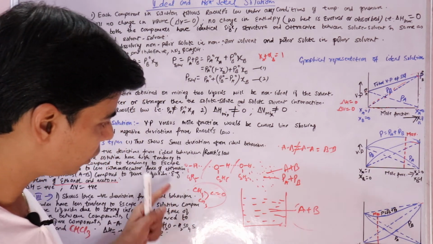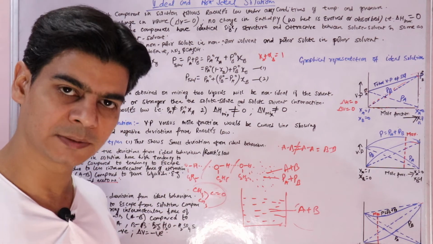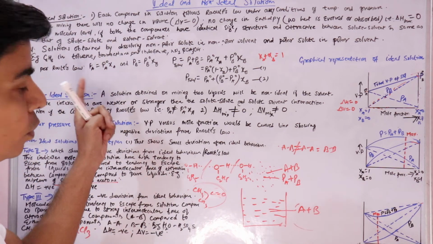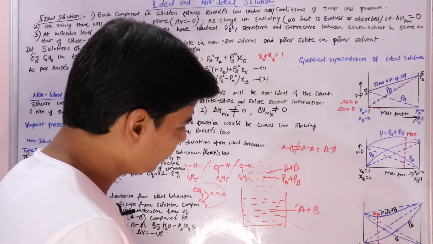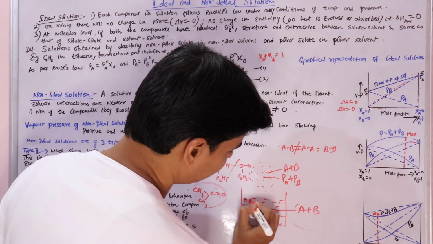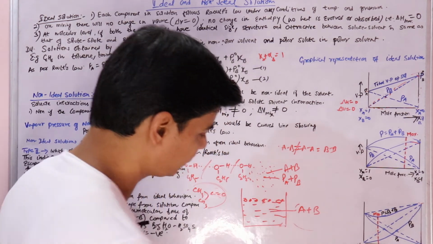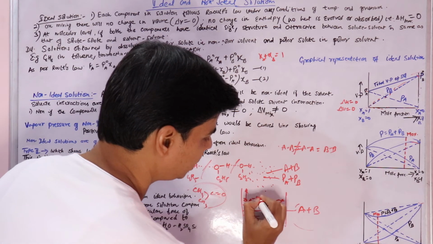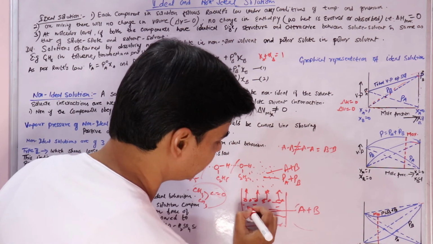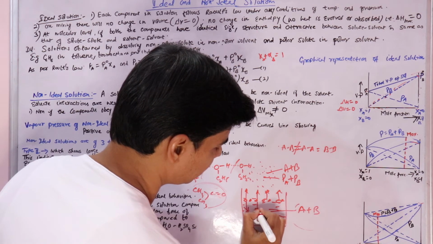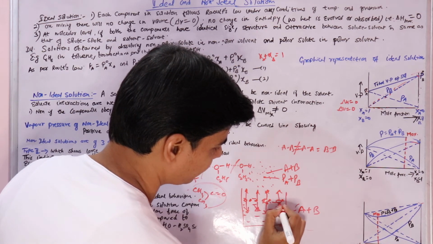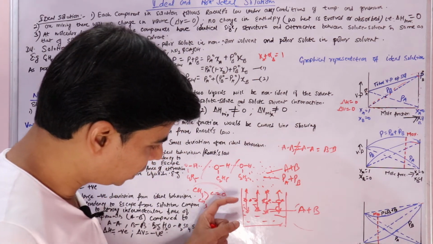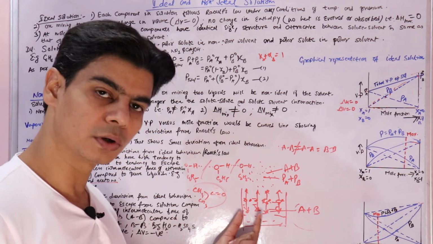Now, since interactions are less, what makes the vapor pressure higher as compared to the ideal solutions? We know that the molecules at the surface of the liquid will escape into the vapor phase and form vapors. These molecules are also attracted by other molecules of the liquid.